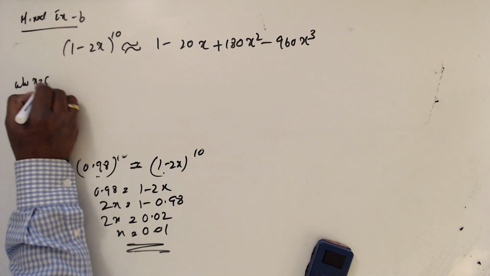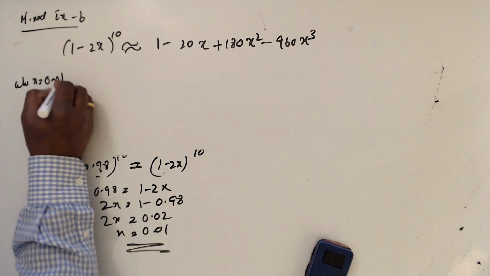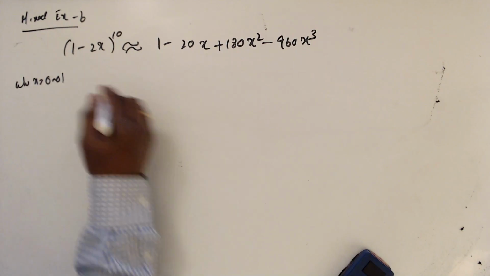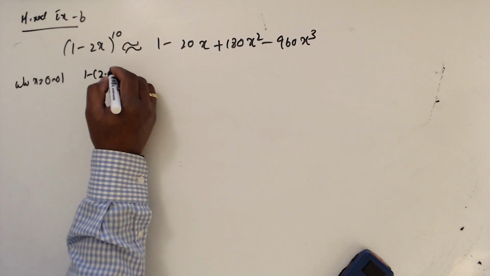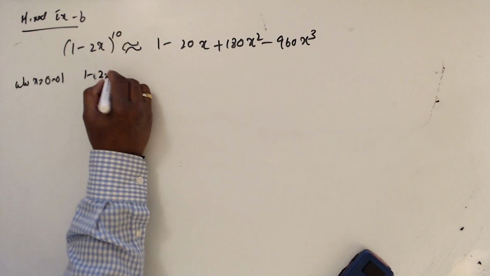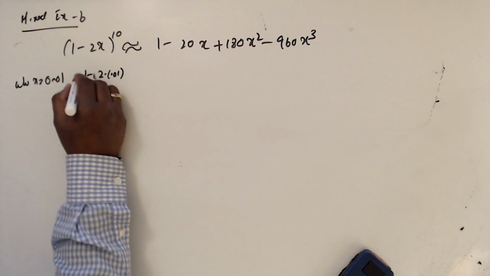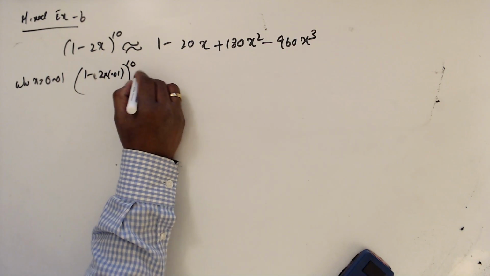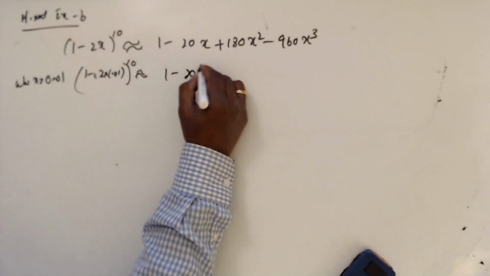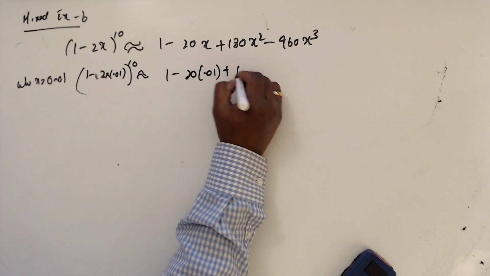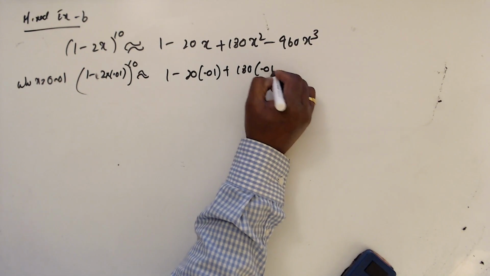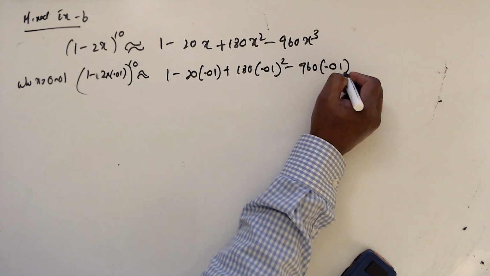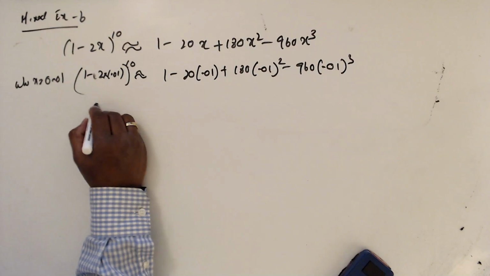When x equals 0.01, I'll substitute here: 1 minus 20 times 0.01, plus 180 times 0.01 squared, minus 960 times 0.01 cubed.